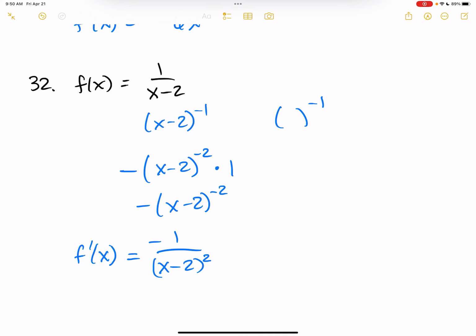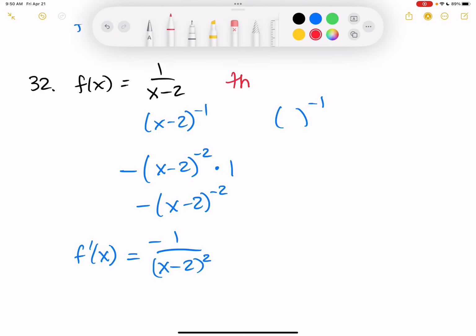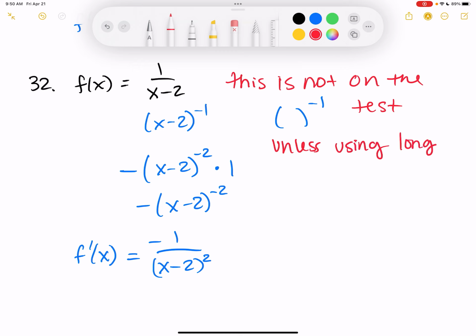So that's not hard. This would not be on your test unless I tell you to do the long way, using the long method.